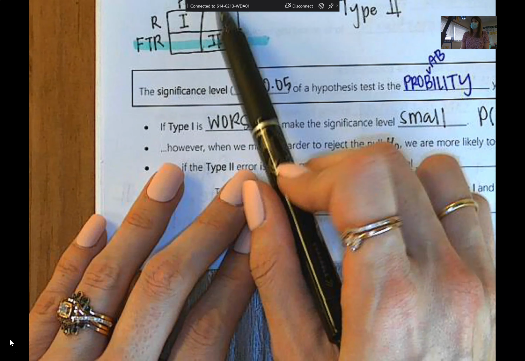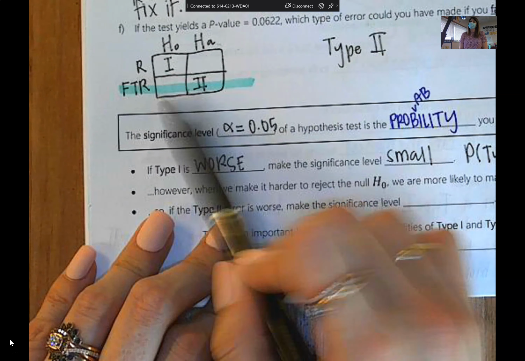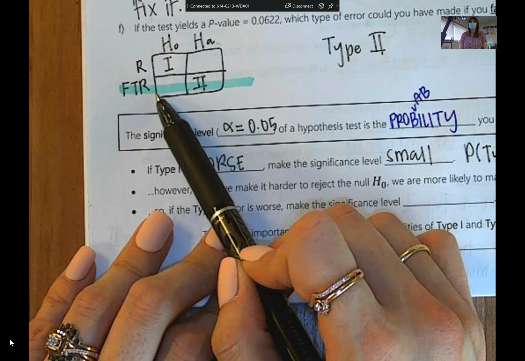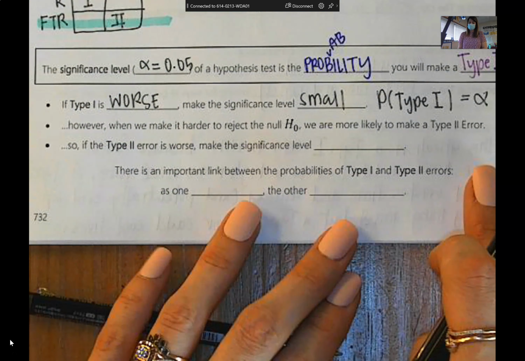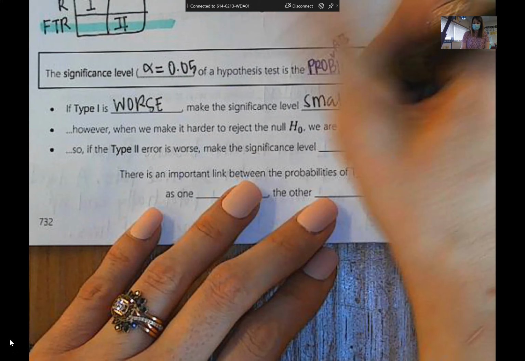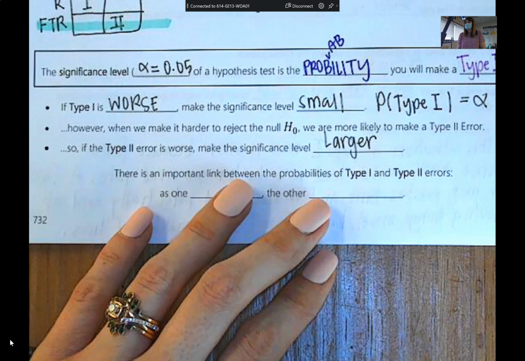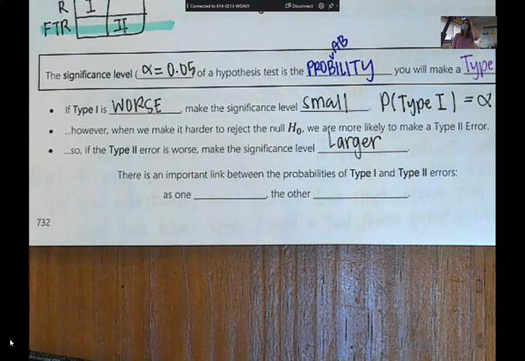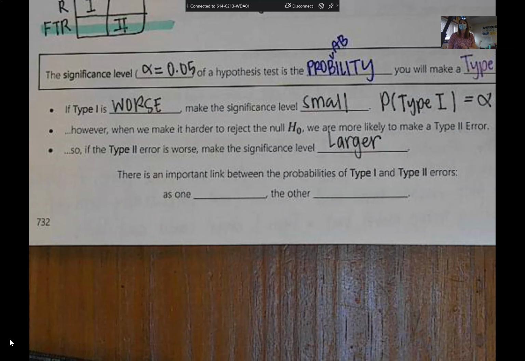And remember, type 2 is when the alternative is true, but you fail to reject. So if a type 2 error is worse, make the significance level larger.